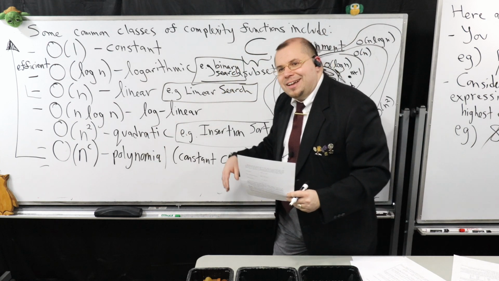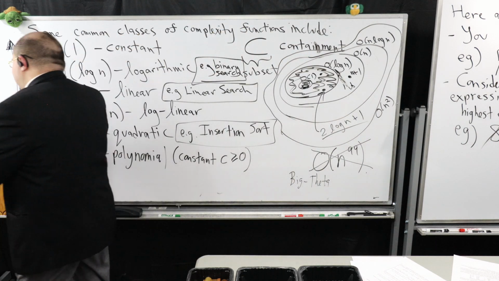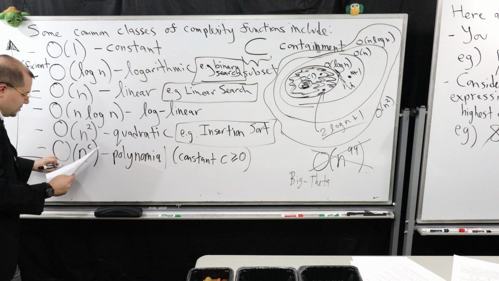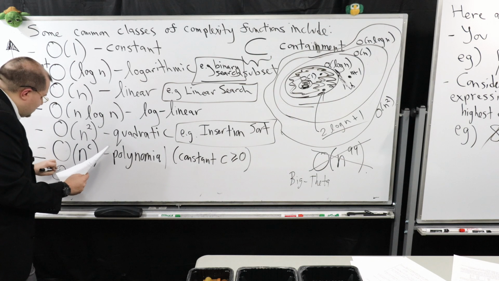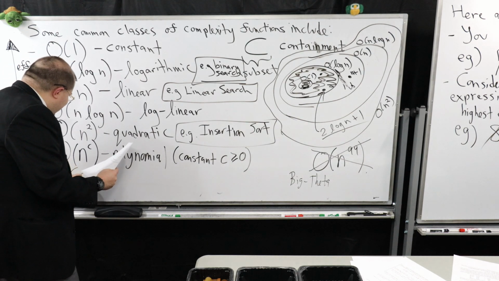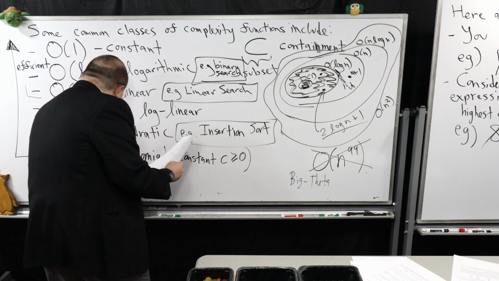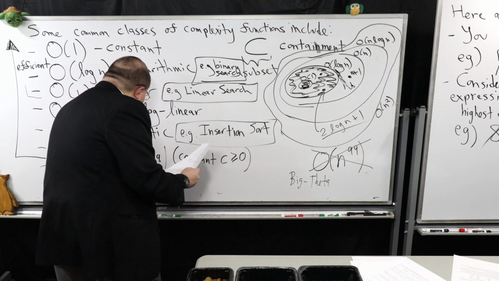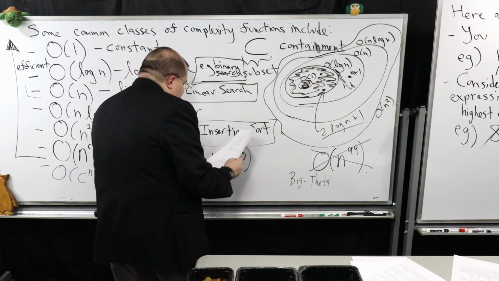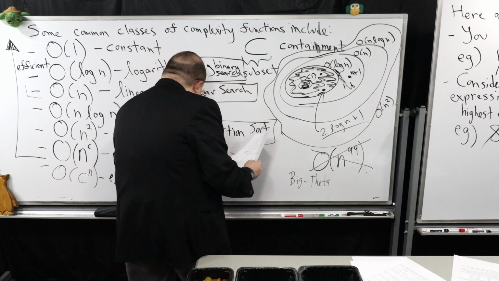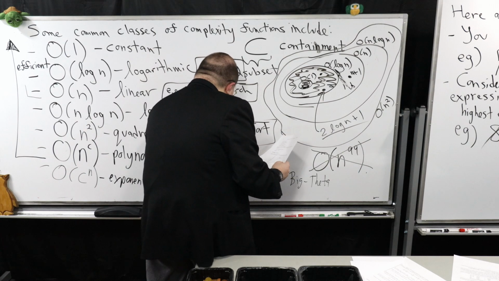Anything after this is going to be just a little bit wild with its running times. Just as an example, the next one on the list is big O of c to the n. This is your exponential functions. These are where you have the constant c greater than 1.